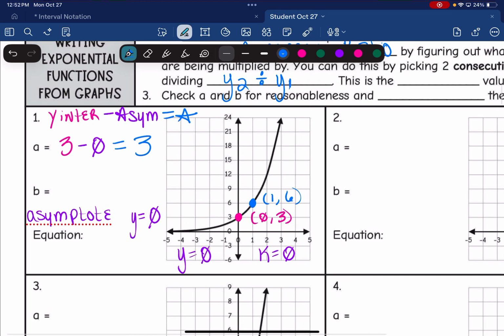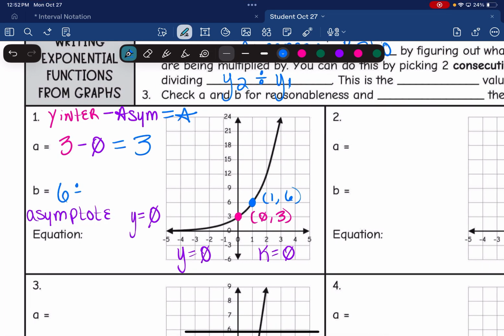So I'm taking 6 divided by 3 to equal 2.